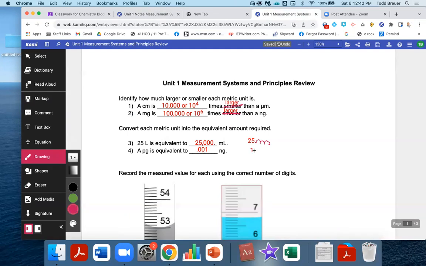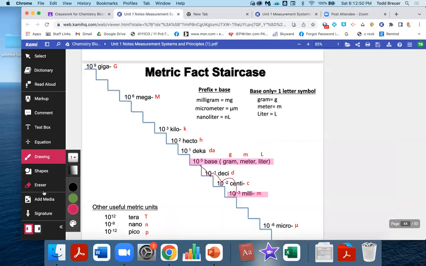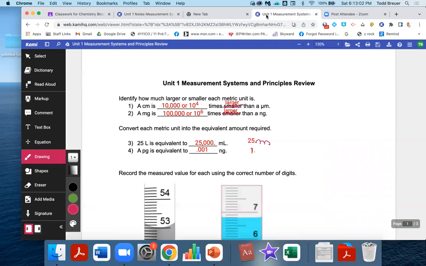A picogram, which essentially means 1 picogram, is equivalent to how many nanograms? So pico compared to nano. Well, let's take a look at that. Pico we see is 10 to the minus 12. Nano we see is 10 to the minus 9. So we see a distance of 3 factors of 10 apart. That means we need to move the decimal position 3 places.